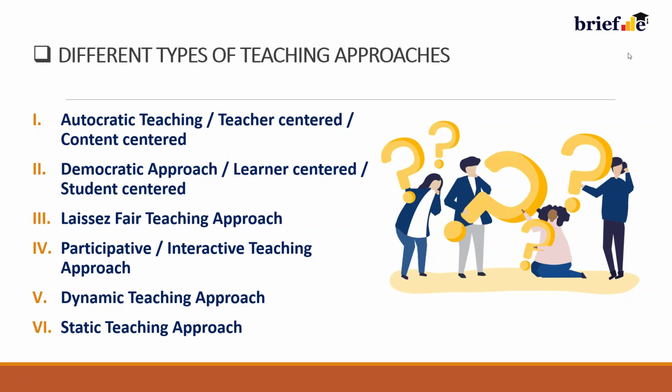The teacher will locate each and every state or country and explain brief details about it. So this is one example of the static teaching approach. There is no movement, no traveling or going somewhere, or role playing like that. It is simply a sit and learn approach.